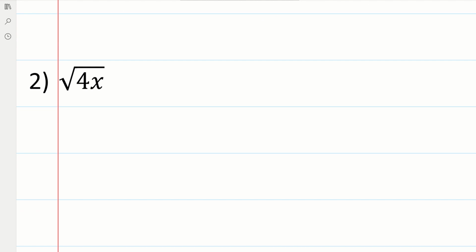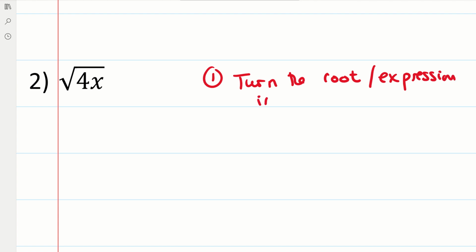That is interesting. If you have a square root, a surd of some sort, you need to, step 1, turn the root or the expression into index form. The square root is the power of x.